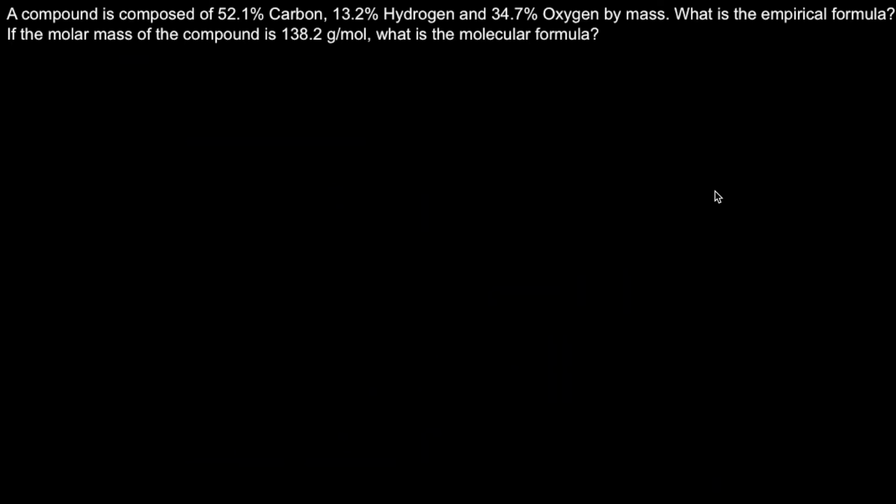Question 2 tells us that we have 52.1% carbon, 13.2% hydrogen, and 34.7% oxygen. It asks us, similar to the last question, about the empirical formula. So, as we said before, we're going to start with 100 grams.